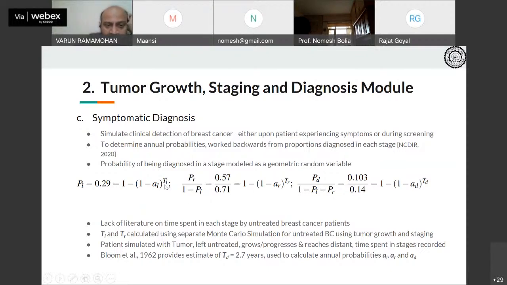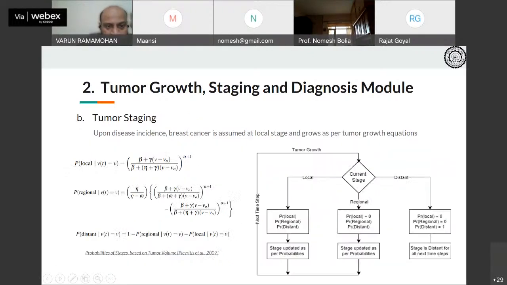So in order to estimate the TLs, what we did is we used these probabilities and conducted a small Monte Carlo simulation to figure out the amount of time that somebody would spend in local without treatment, the amount of time that somebody would spend in regional without treatment, and the amount of time that somebody would spend in the distant stage without treatment, right? Because the question is, okay, why didn't we get this from literature?